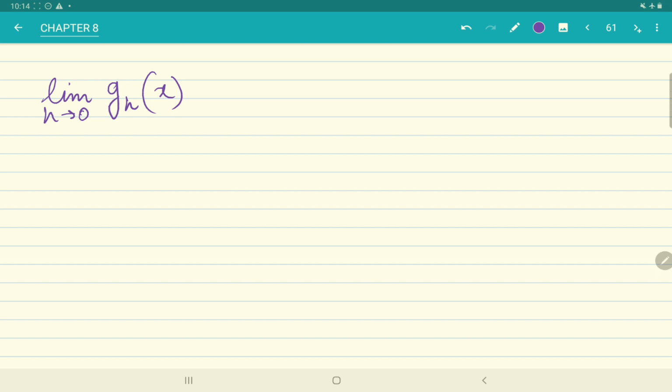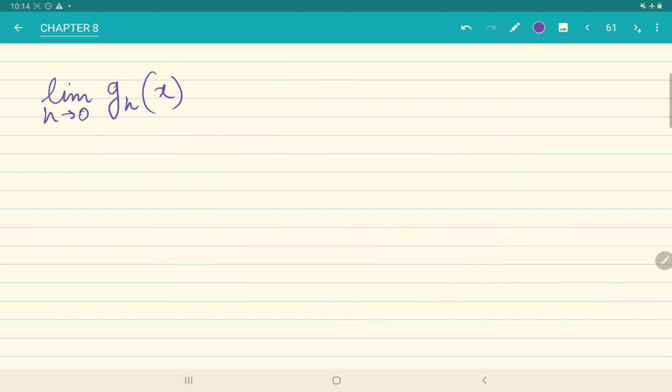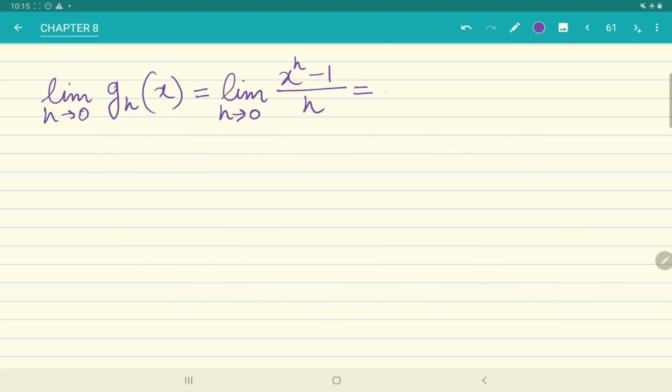It is x raised to the power h minus 1 by h, for all x greater than 0. I can write that as limit h tending to 0 of x raised to the power h minus 1 by h. This I know from here, it is ln x.